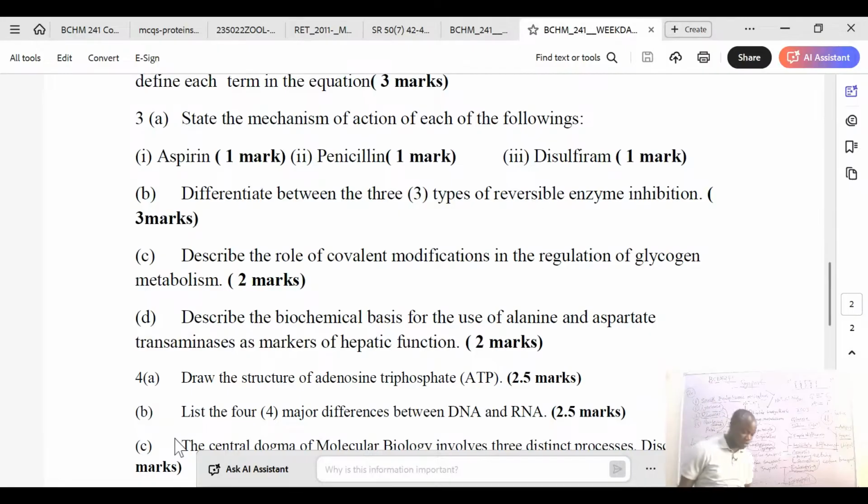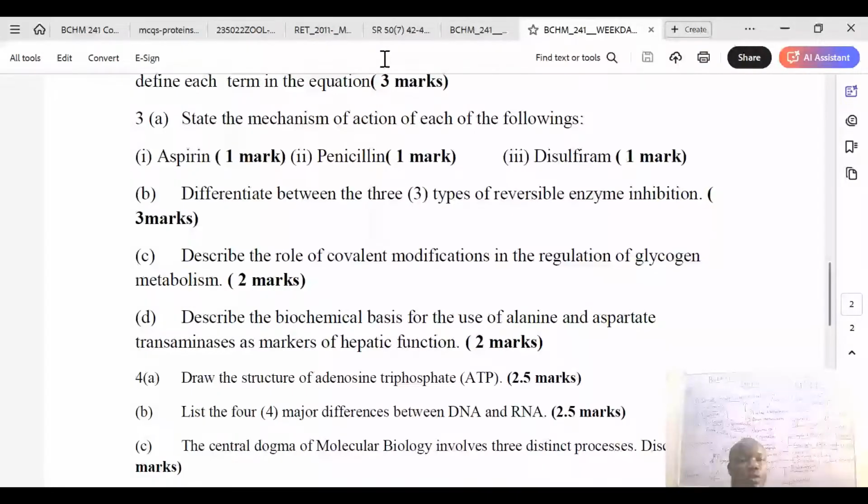These are the three drugs. Please explain the mechanisms of action of aspirin. Tell me which enzyme is targeted by aspirin.